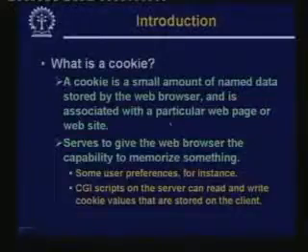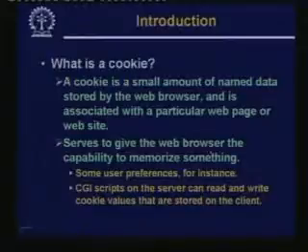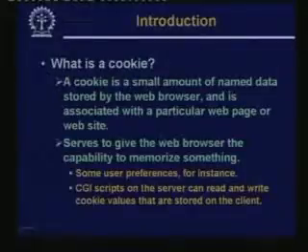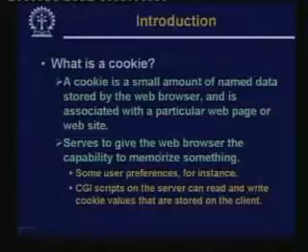So, continuing with the definition, a cookie basically serves to provide the web browser the capability to memorize something. Here, since we are saying that cookies are some data which we are storing in the browser itself, this means that the browser can use these cookies for the purpose of memorizing something, right.